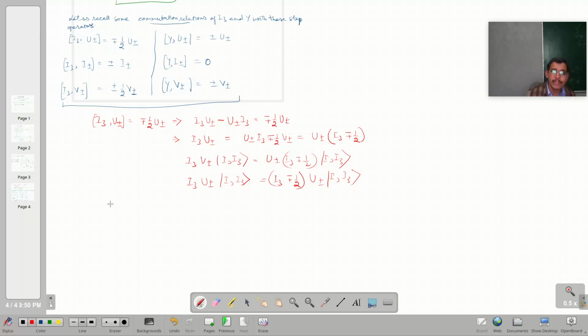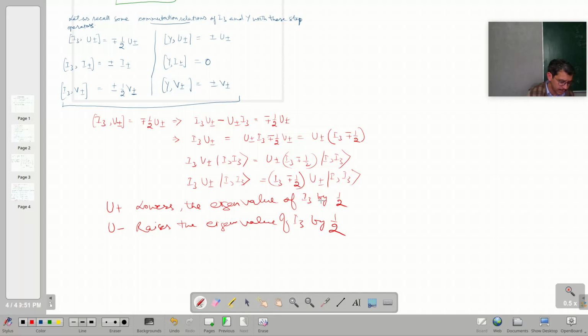Means U+ lowers the eigenvalue of I3 by 1/2, and U- raises the eigenvalue of I3 by 1/2. That's what will happen.